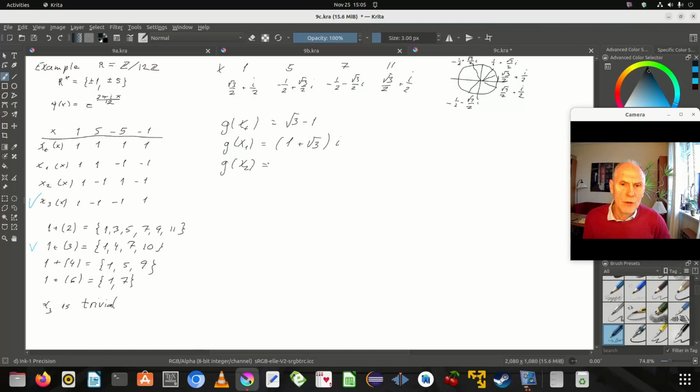g of chi2. It's plus, minus, plus, minus. So that means they are added separately. Oops, there's a mistake here. 11 must be minus i halves.